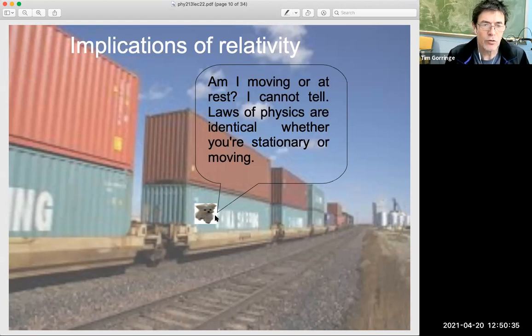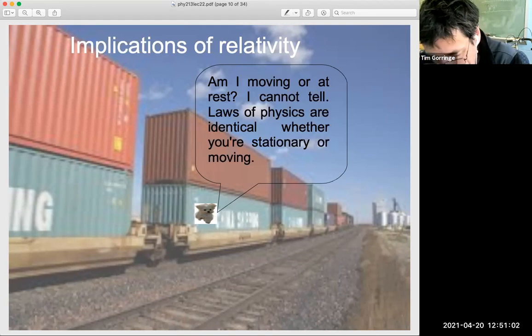There's no special reference frame that's at rest and others move with respect to it. And there's no way you can tell whether your reference frame is at rest and others are moving with respect to it, or vice versa. So there is no special at-rest reference frame. All inertial reference frames, moving with respect to one another, are perfectly valid reference frames.